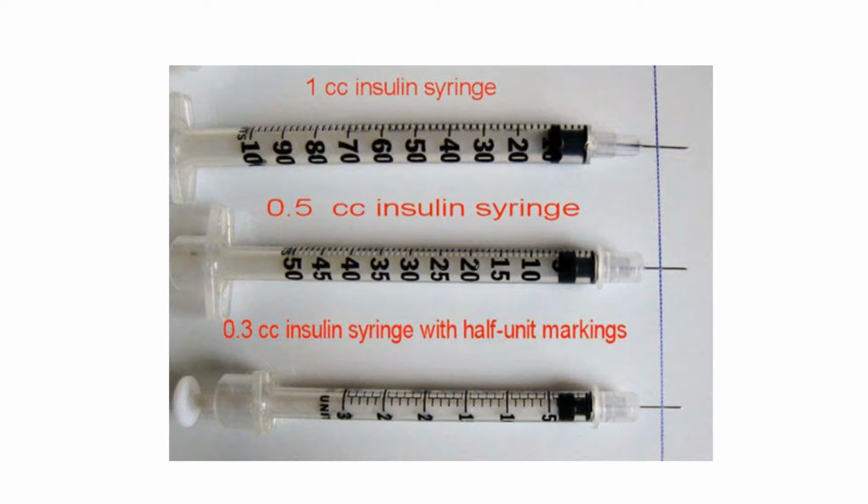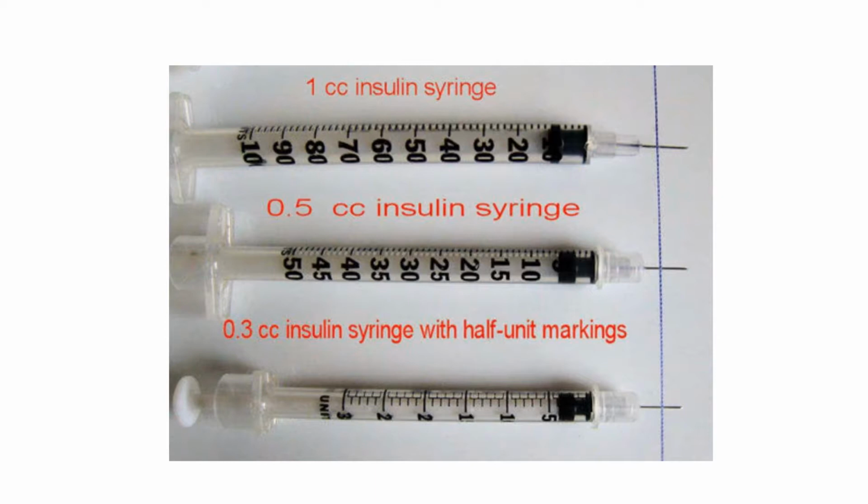So here's a picture of your different syringes that you can use with your U100 insulin. The top one is a 100 unit insulin syringe, and it's important to note that each little marking on this syringe represents 2 units to measure. Your middle one is a 50 unit syringe, and it's important to note that each little mark or line measures 1 unit of insulin.